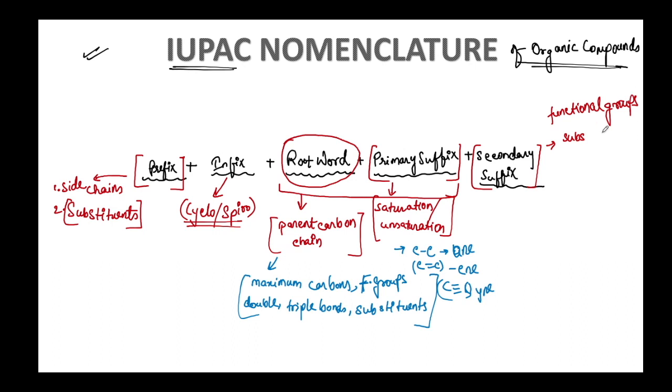But the functional group with the highest priority is considered for the secondary suffix. So substituents with highest priority come over here, and those are going to behave as the functional groups. Substituents with lower priority end up in the prefix.